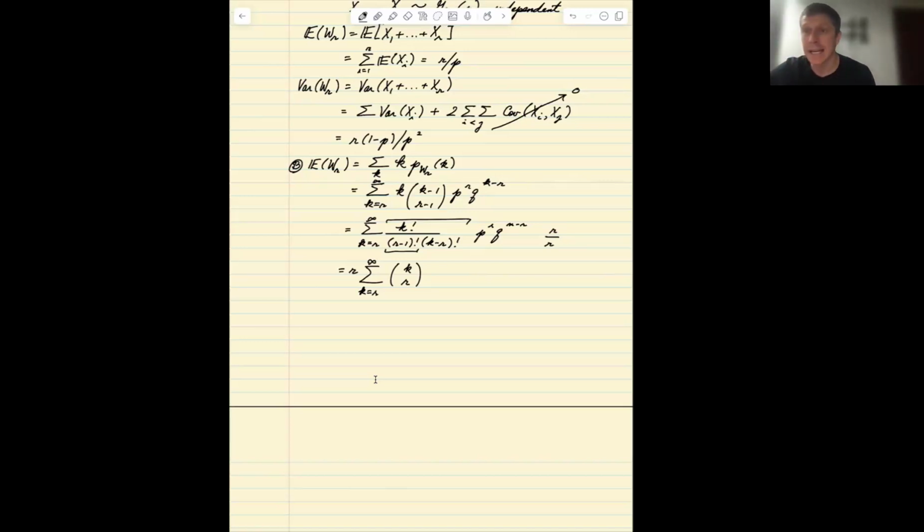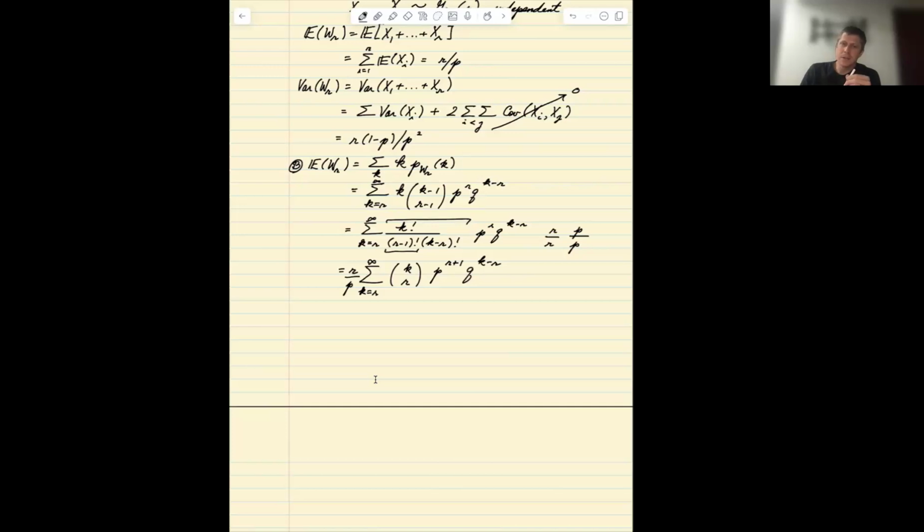In this case, it's saying it's got to be R plus 1 heads. So we can multiply by P on the top and P on the bottom to get P to the R plus 1. The P in the denominator can come out as a constant. And we have Q to the K minus R.